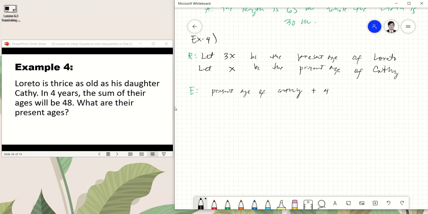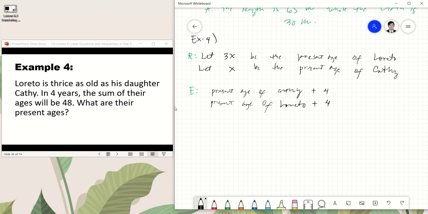Okay? Past, subtract, future, add. But since in 4 years naman ito, in the future, so we add 4 in the present age of Kathy, and kung ano yung present age ni Loreto, mag-a-add din tayo ng 4. Okay? Tsaka tayo gagawa ng equation.